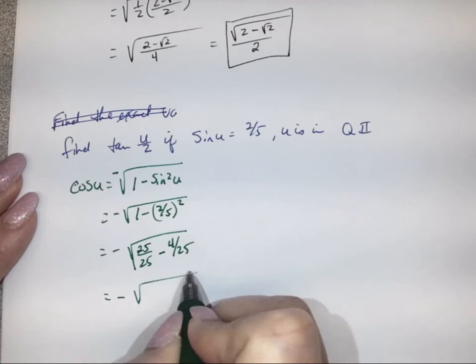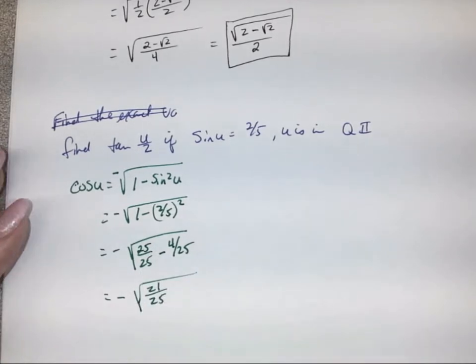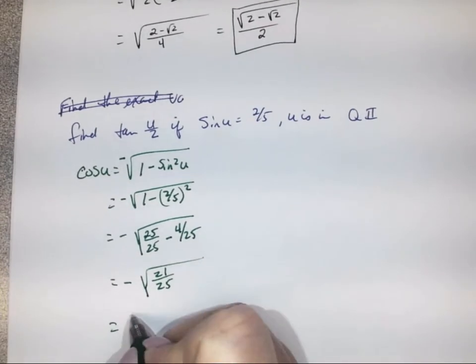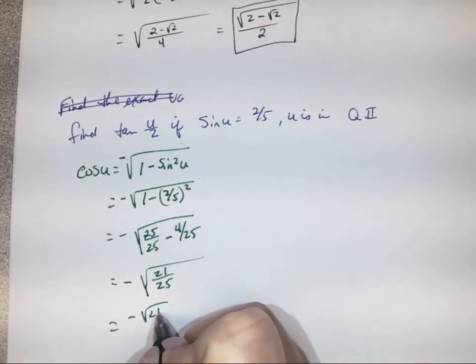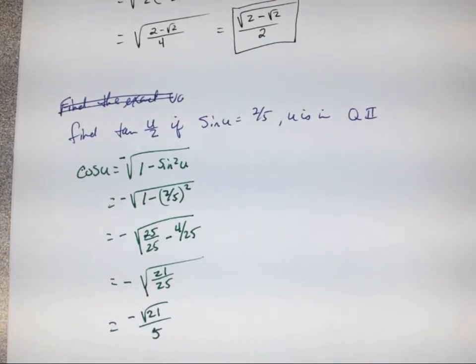So negative the square root of 21 over 25. Now that square root of 25 we can take, so it'll end up being negative square root of 21 all over 5. So now we can go find our tangent u over 2.